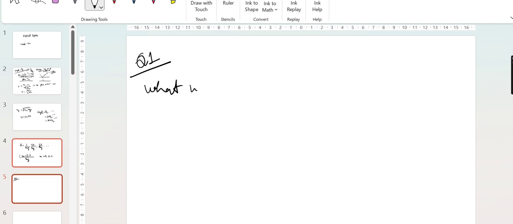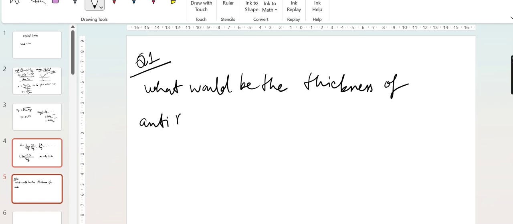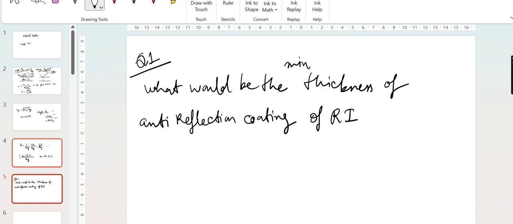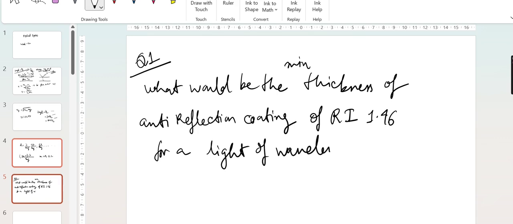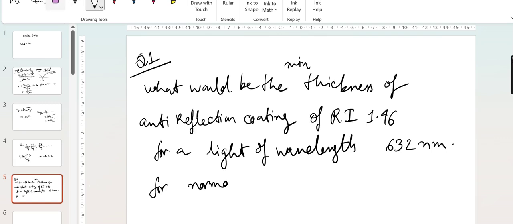What would be the minimum thickness of the anti-reflection coating of refractive index 1.46 for light of wavelength 632 nanometer for normal incidence?